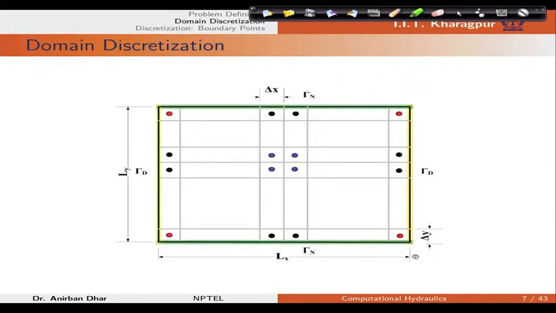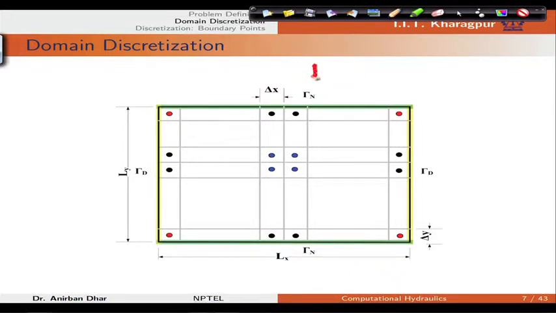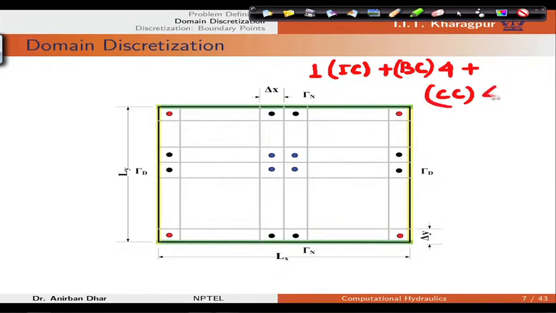Domain discretization: again we will have interior cells, boundary cells with 4 conditions, and corner cells with 4 conditions.